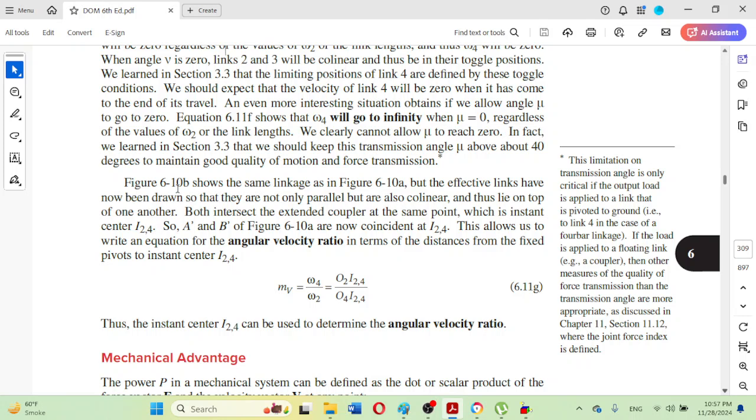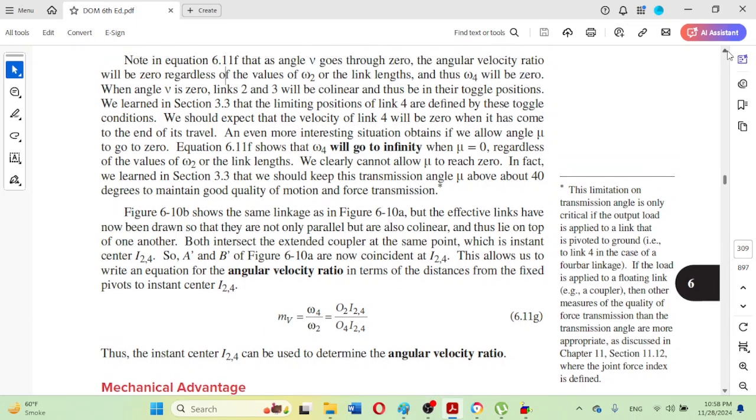So here is the fourth way. In figure 6-10 we show the same linkage as shown in figure 6-10a, but where the effective links have now been drawn so that they are not only parallel but are also collinear.